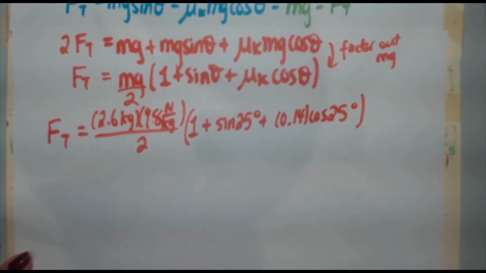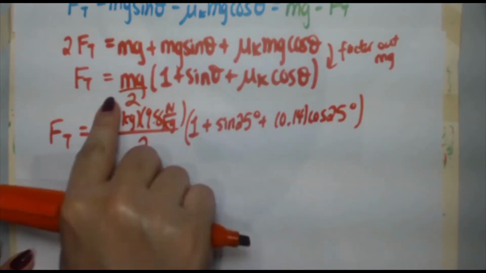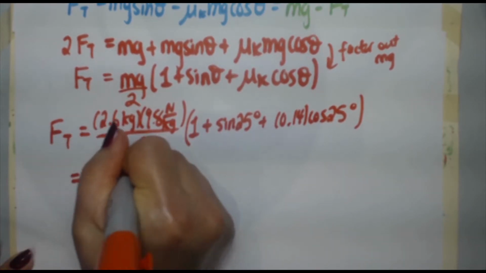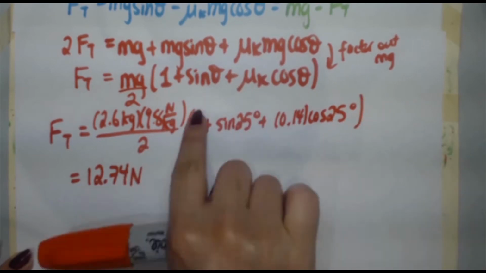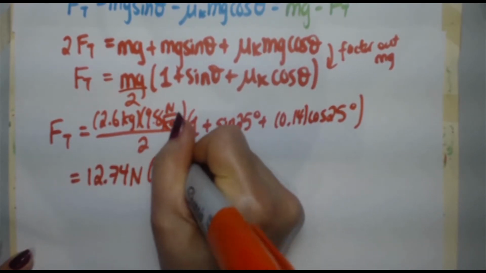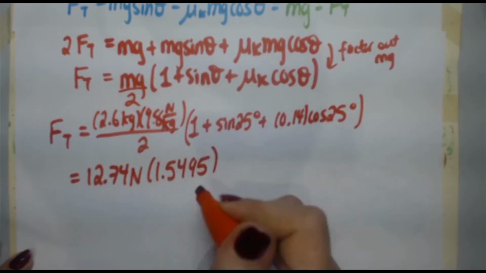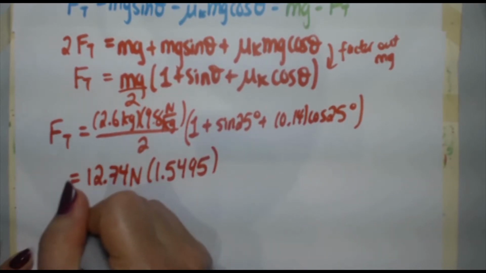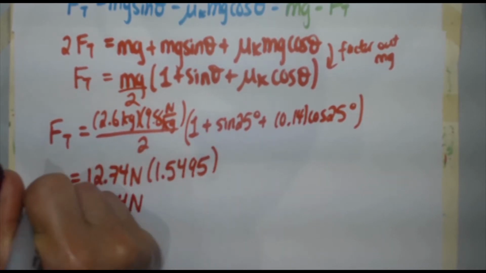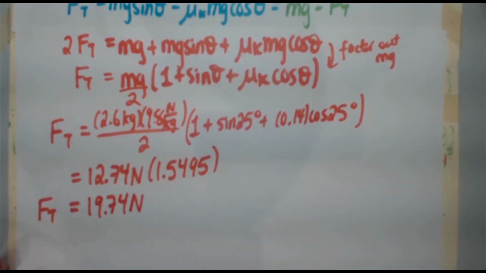Simplifying this expression, this initial part here is going to give us 12.74 newtons. And this second part right here, this is just a number. You're going to get 1.5495, unitless. Multiplying the two of those together, you're going to get 19.74 newtons. So there's our force of tension.